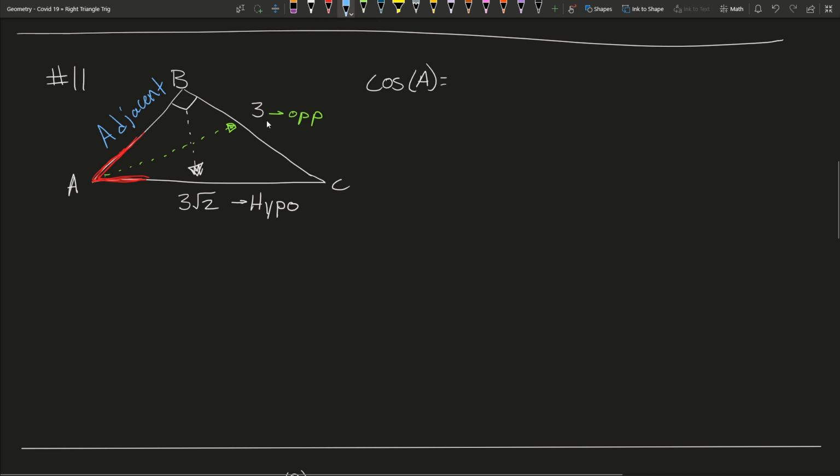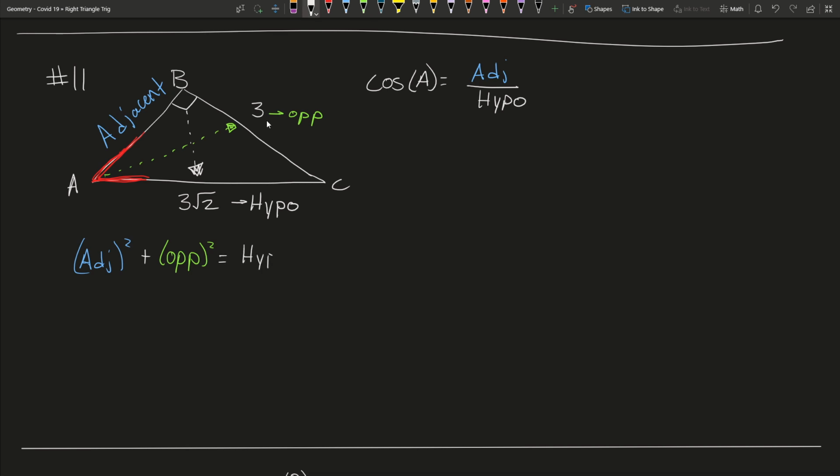Then we have to determine what we need. So cosine is adjacent over hypotenuse. And we're not given the adjacent side, so we need to find it. Okay, so we need to plug this into the Pythagorean theorem. Plug in what we have, and then solve for the unknown.